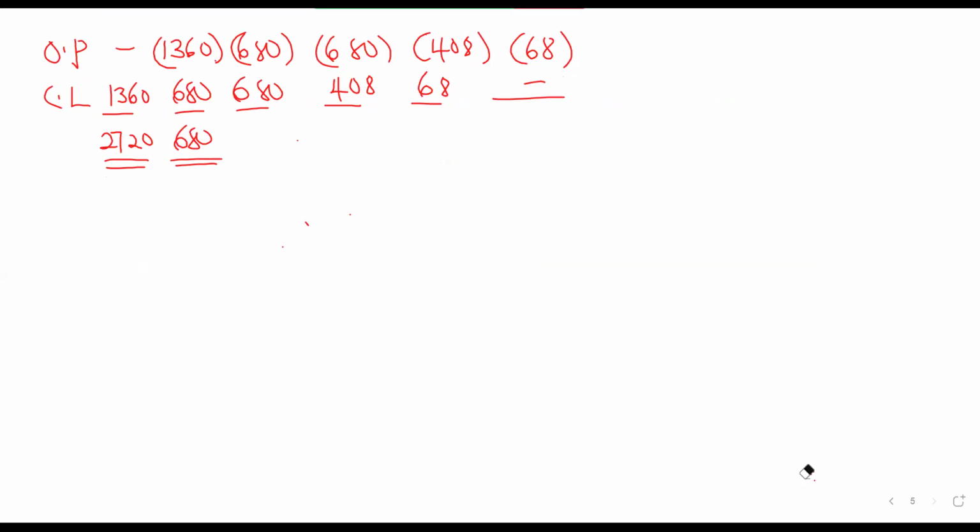Okay. Would the third month be 1360? Yes, sir. Okay. So what are we going to be having? 1360 minus 680 minus 408. 1088.